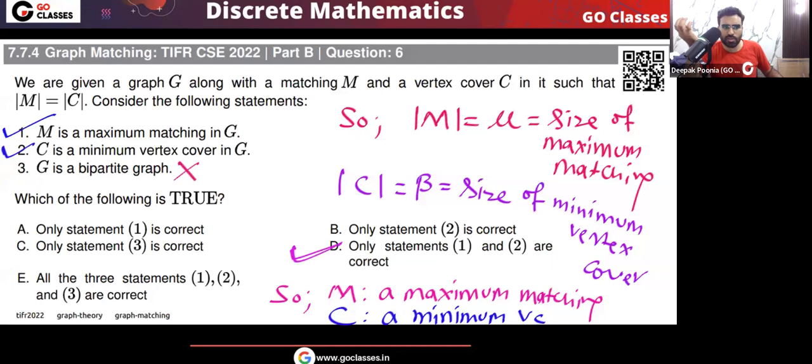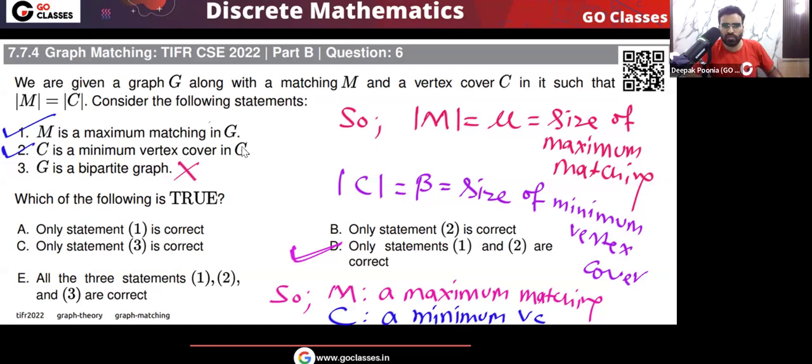I hope you understood the solution of this question. Did you notice, to solve this question, we are just using what we have already studied. We are using the relationship between matching and vertex cover. We have seen that in any graph, size of any matching is less than or equal to size of any vertex cover. So size of maximum matching is less than or equal to size of minimum vertex cover, so mu is less than or equal to beta.